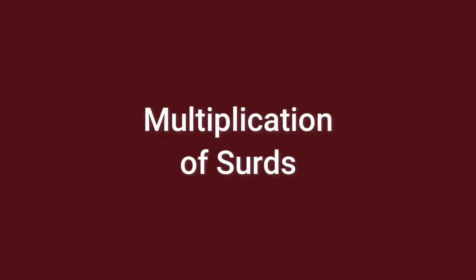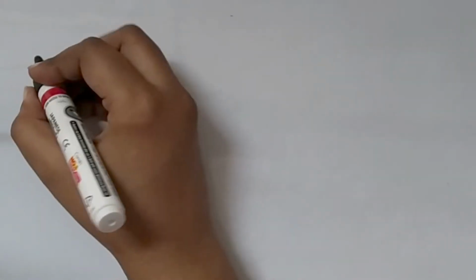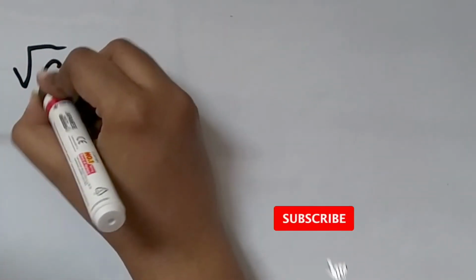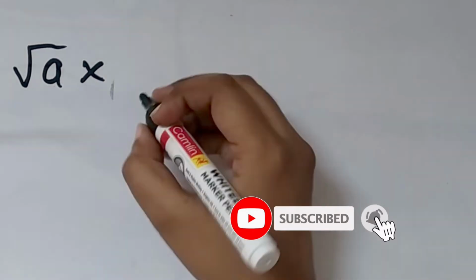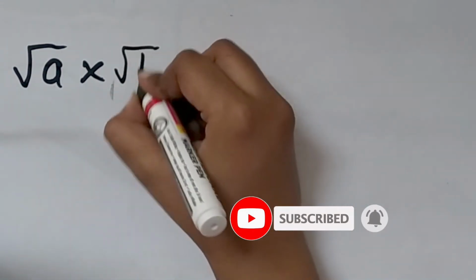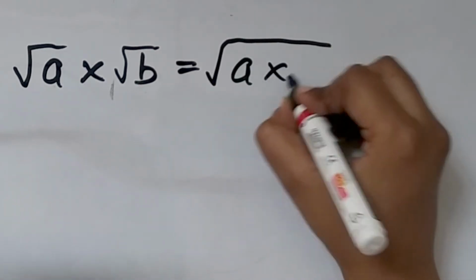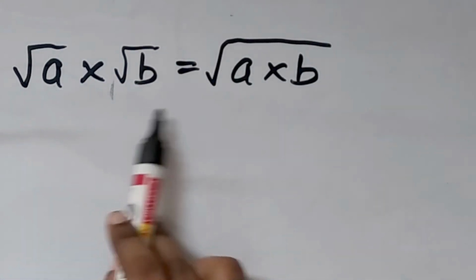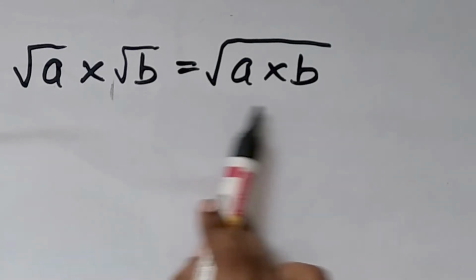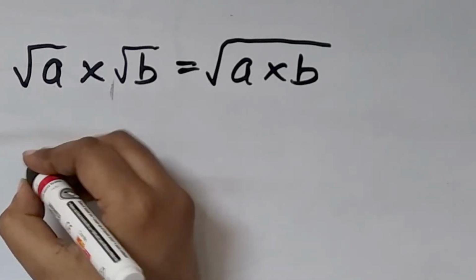Now we will see multiplication of surds. For multiplication of two surds, we have this property: square root of a into square root of b is equal to square root of a into b. So this is the property for multiplication of surds. We will see one example.